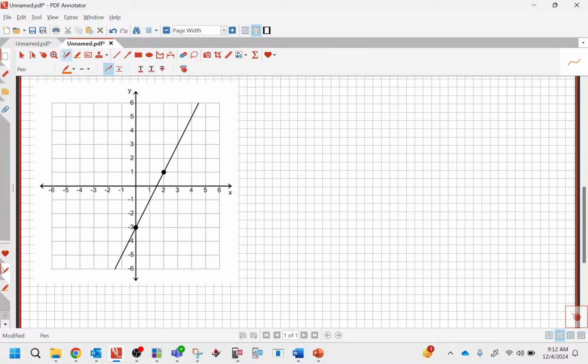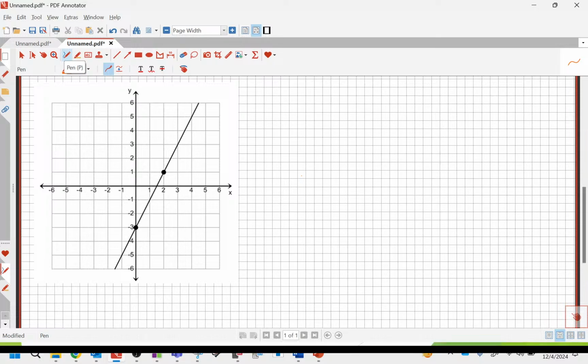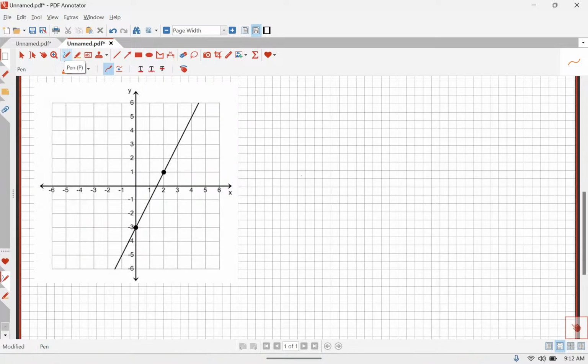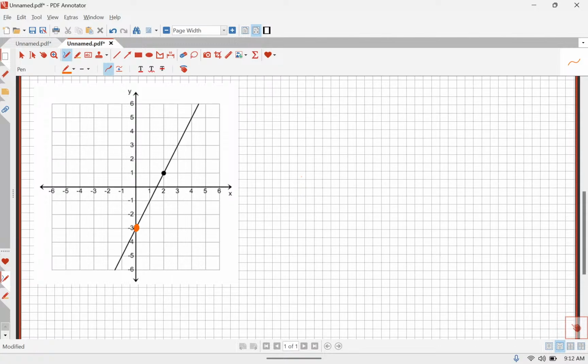So what's the y-intercept of this line? Let me see if I can get a little bit of help. Rachel, what's the y-intercept of this line here? -3, because that's where it touches. What's its change in y over change in x? Close, 4 and 2. It can be hard to count from that direction, right?